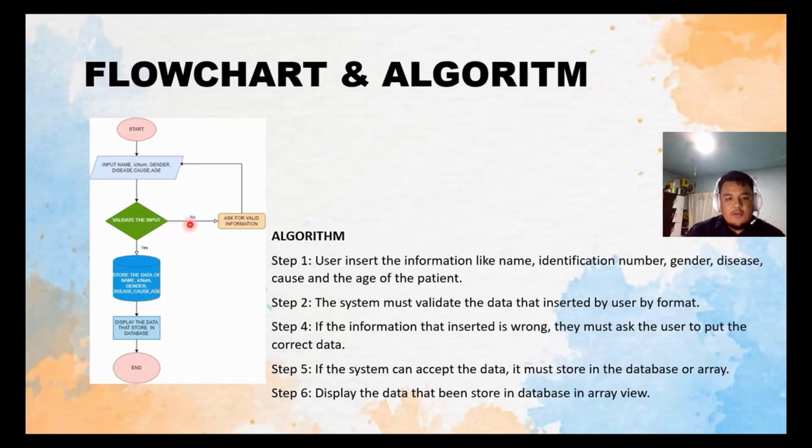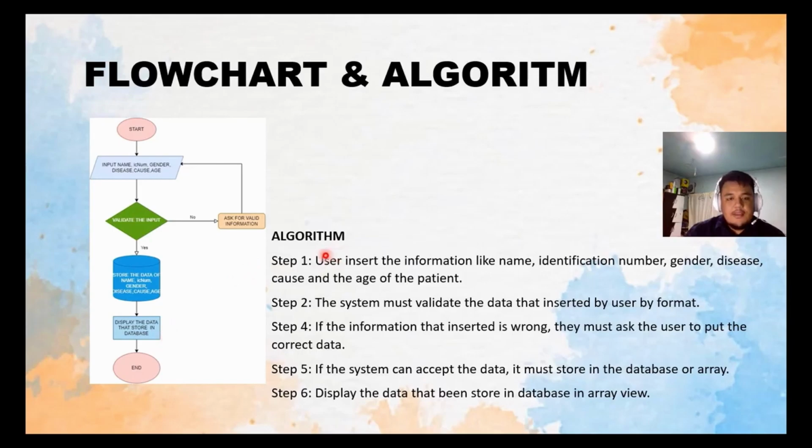If not, it will ask again for valid information and repeat to the user. If the information is valid, the system will display the data that is stored in the database in array formation.